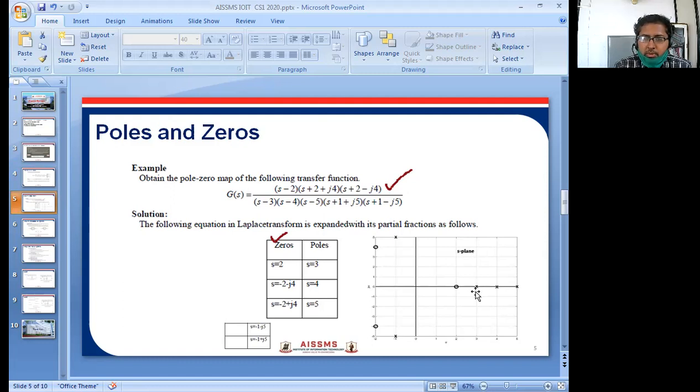Cross means pole and circle means zero. The zero at s equal to 2 gets one circle on this axis, while s equal to 3, 4, and 5 get a cross each. Then for the zeros at minus 2 plus or minus j4, we again put circles. So a circle always represents a zero and a cross always represents a pole.